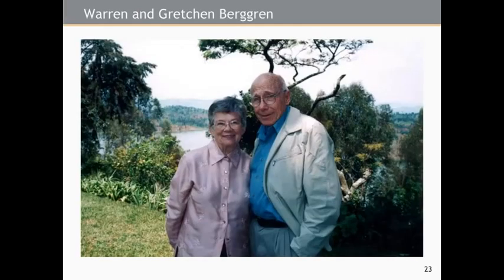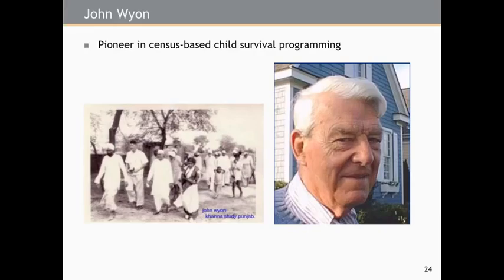And so they went back to the United States and looked for some public health expertise that could help them in the public health side of this, and they found Warren and Gretchen Berggren at the Harvard School of Public Health, who had been medical missionaries in the Belgian Congo and had decided to move out of hospital care and get into public health. And so in 1967, the Berggrens came down to the Hôpital Albert Schweitzer and started a community health program to complement the work of the hospital.